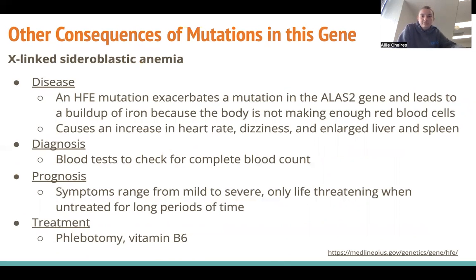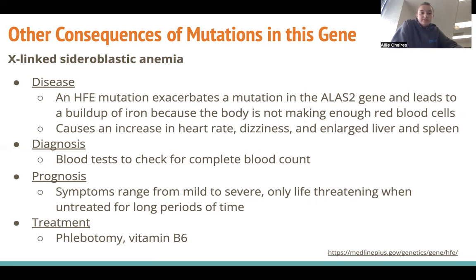Other consequences of mutations in this gene: X-linked sideroblastic anemia. The disease is an HFE mutation that exacerbates a mutation in the ALAS2 gene and leads to a buildup of iron because the body is not making enough red blood cells, and it causes an increase in heart rate, dizziness, and enlarged liver and spleen.